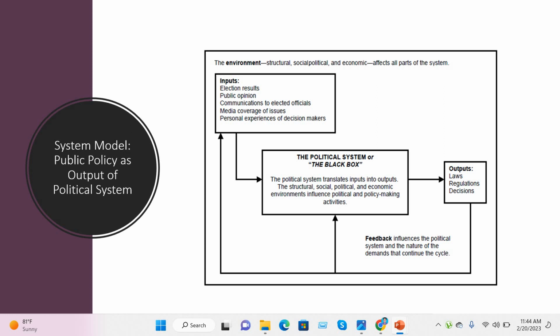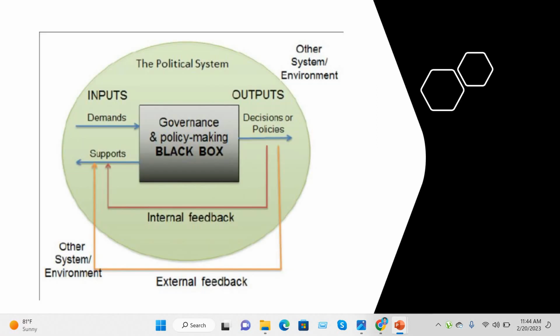When the public accepts or does not accept them, they give feedback, which is some support or demand, and it is interpreted as input. This cycle is repeated again and again.